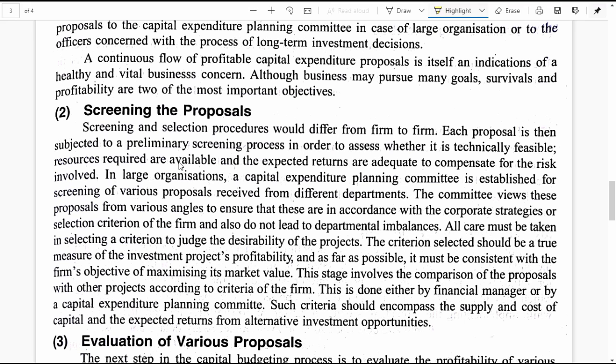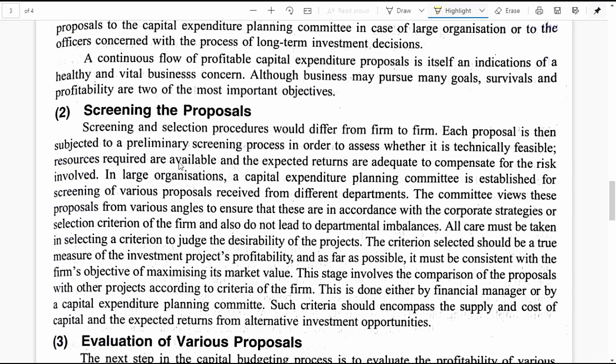And in addition to that, are the expected returns adequate to compensate for the risk the business undergoes, and so on. All care must be taken in selecting a criterion to judge the desirability of the projects. To screen the capital investment proposals, every concern should decide on a criteria.